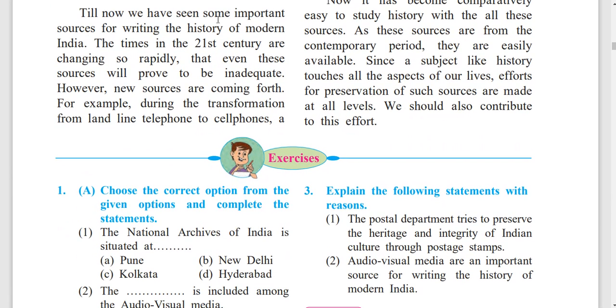Till now, we have seen some important sources for writing the history of modern India. The times in the 21st century are changing so rapidly that even these sources will prove to be inadequate. However, new sources are coming forth.